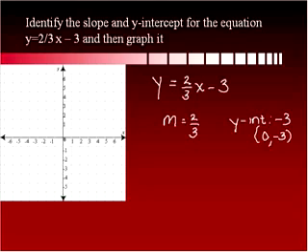Now, how do we graph this? Well, we start out by graphing the y-intercept. So our y-intercept is at 0, -3. Let's write that step down. First thing we do is graph the y-intercept.